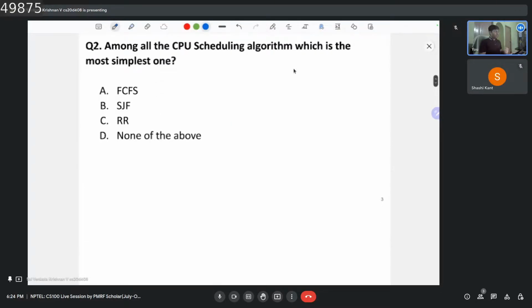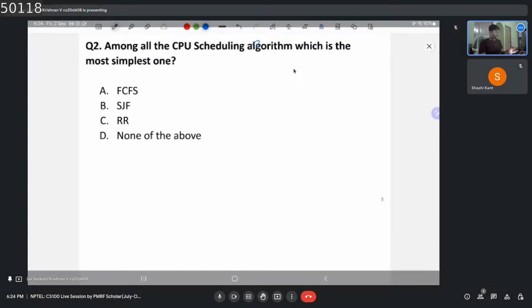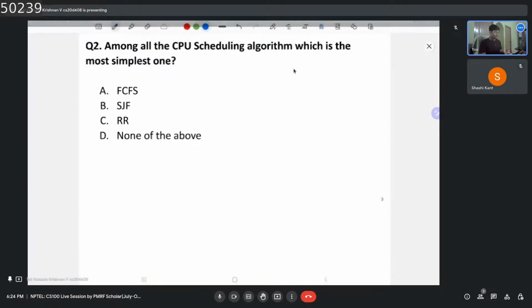Among all the CPU scheduling algorithms, which one is the simplest? Which one is the simplest among the four options: whether it's first come first serve, SJF, that is shortest job first, round robin, or none of the above, some other scheduling algorithm is simpler?